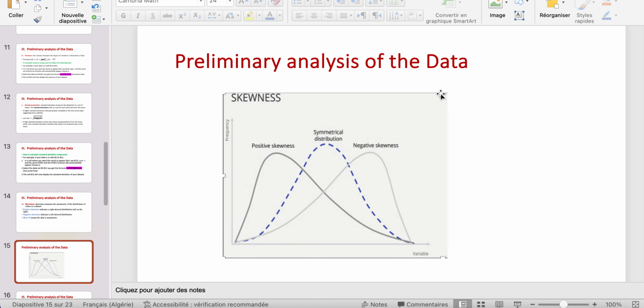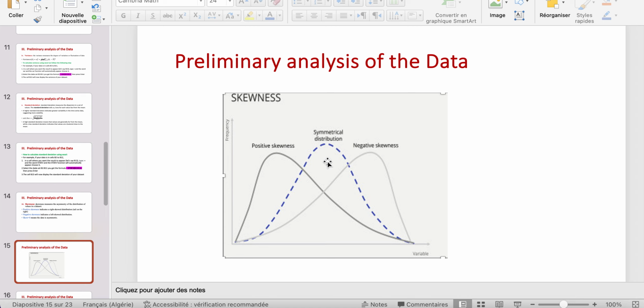And we have negative skewness, where the tail is on the left. So our data is symmetrical in the first case, but with positive or negative skewness, our data is not a symmetrical distribution.